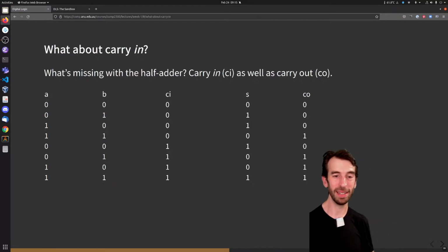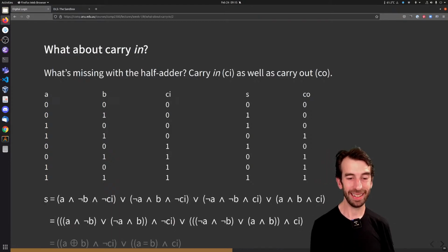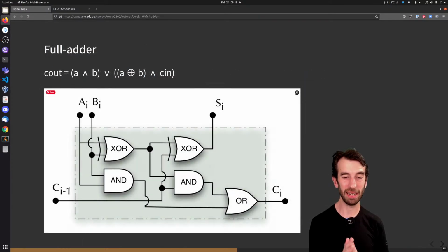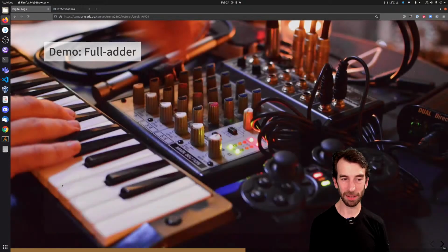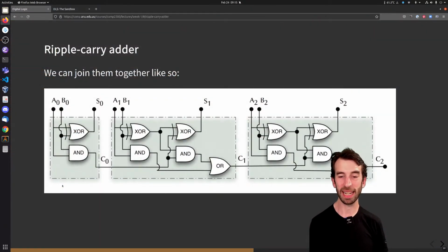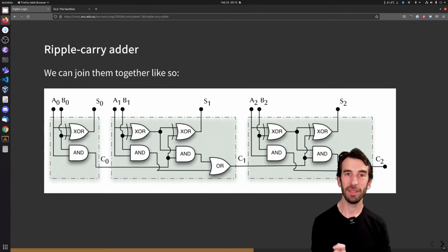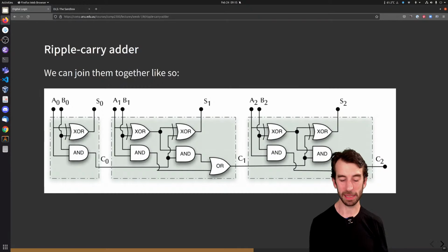So we talked about carry in, and it's more combinational logic. Then we made this full adder where the carry in can come from the previous column. And the last thing we did was put this together into a series of little adding machines, just for one binary digit at a time, that we can use to add up 3 bits.